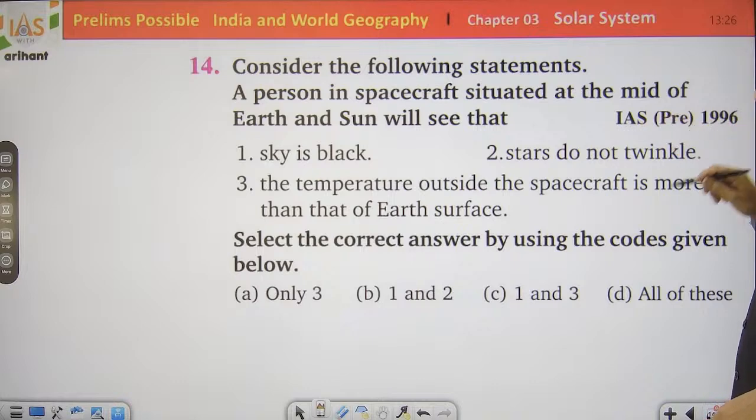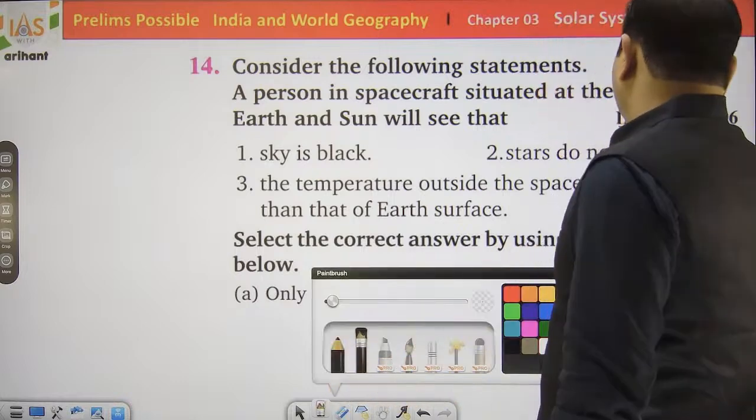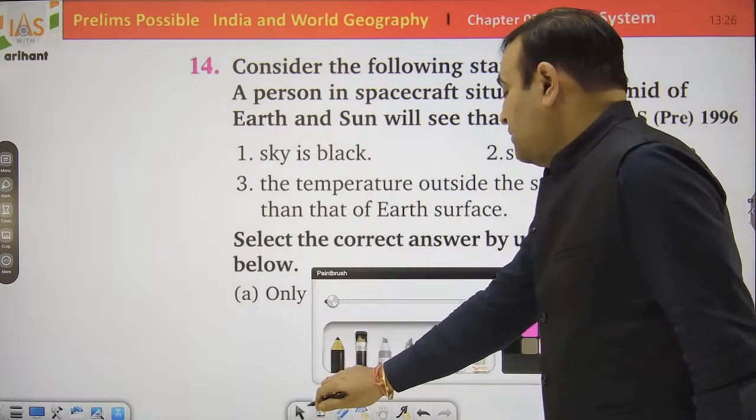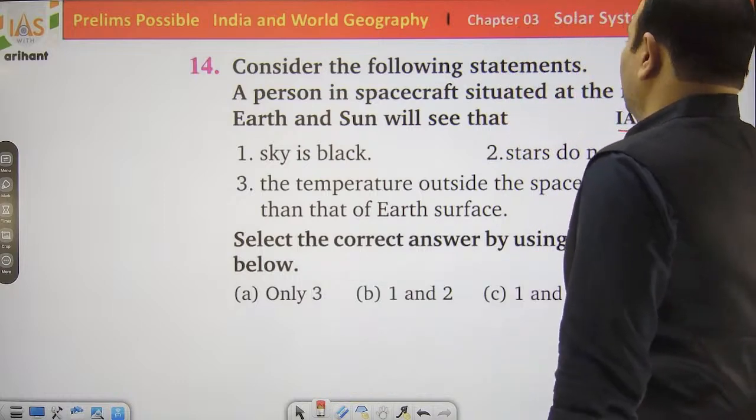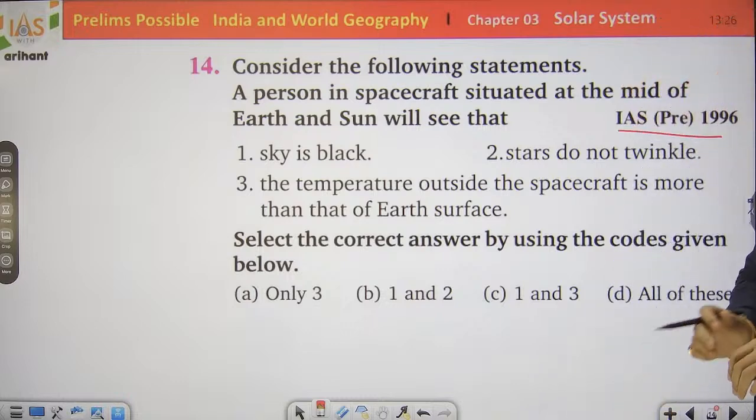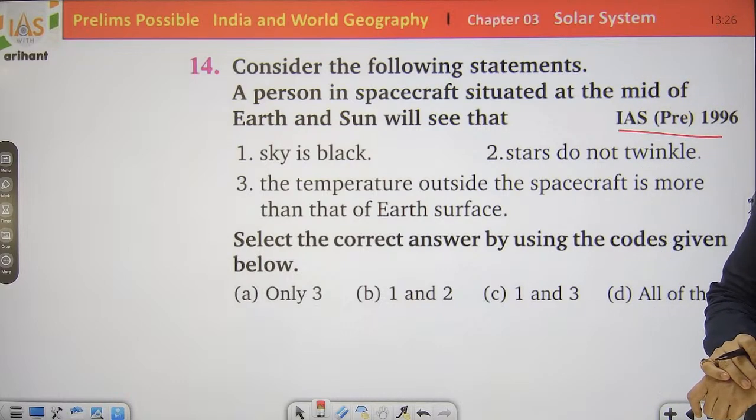What is the question? A person in a spacecraft situated at the mid of the earth and the sun will see what? First, the sky is black.